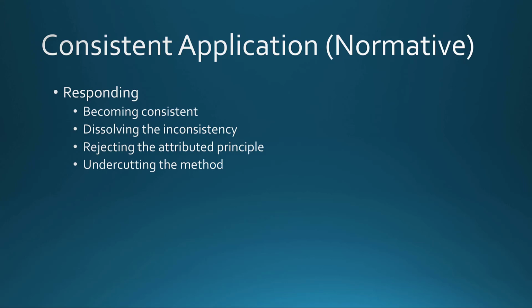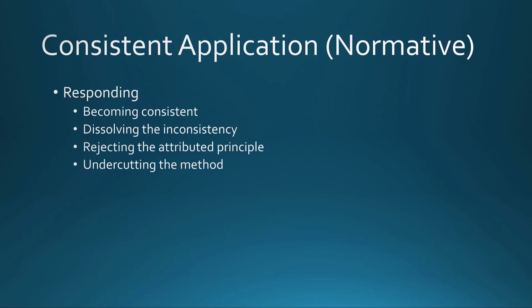One cannot simply just say, oh, I just believe in inconsistent application, so I can do whatever I want. I mean, one could say that, but that wouldn't be a good logical defense. One would have to try to argue that one should not accept equality or impartiality or relevant difference. And if that case could be made, then that would be a way of defending against this method, essentially by undercutting the method itself. So that's a look at consistent application.